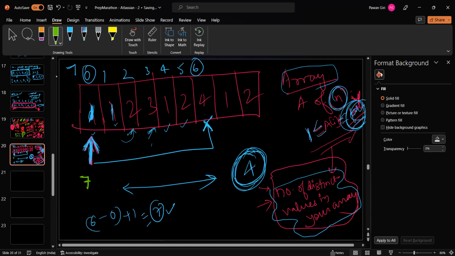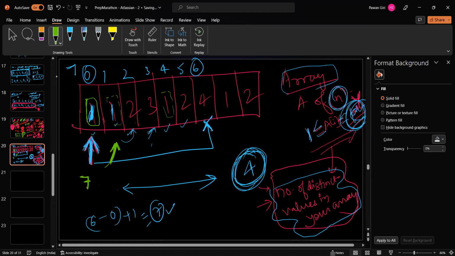Now what is the next scenario? I am shifting my start point. If I start from index 1, how many consecutive students do I need to take? If I go here, I'm losing this candidate of talent 1. But since this talent is already present here and here also within the range, it will not make any difference.